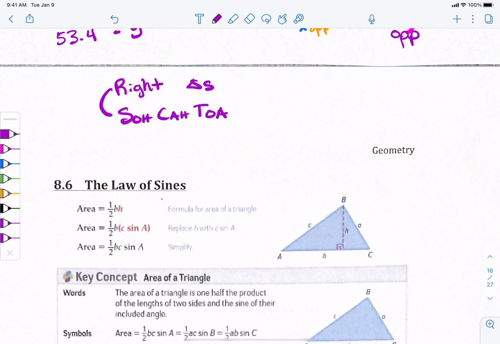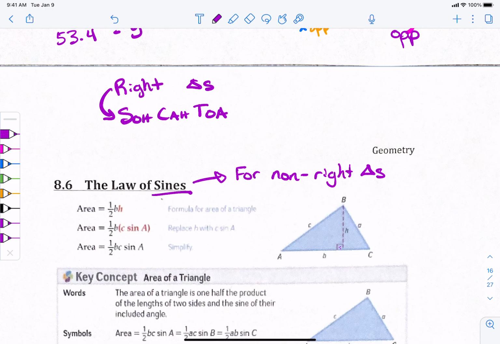For a right triangle, you can use SOHCAHTOA. These last 2 sections of this chapter, which is the law of sines, and then 8.7 is the law of cosines, are for non-right triangles. These are the formulas that you use for triangles that are not right triangles.